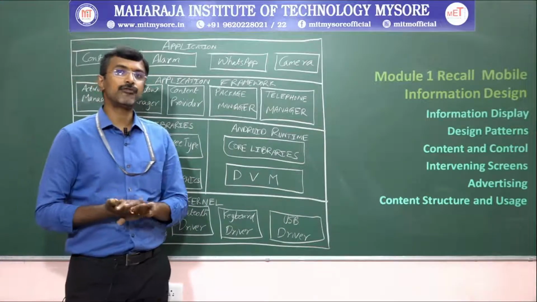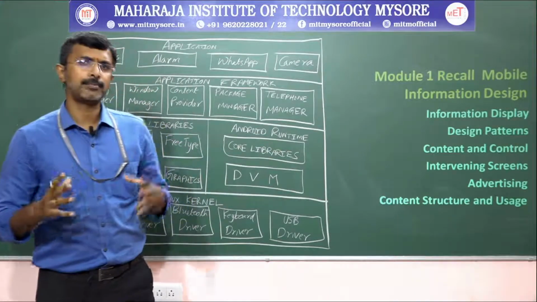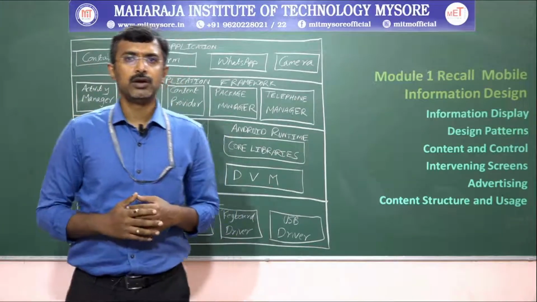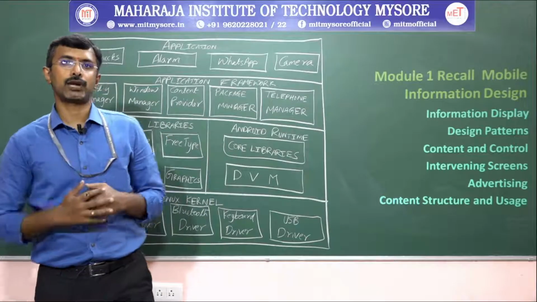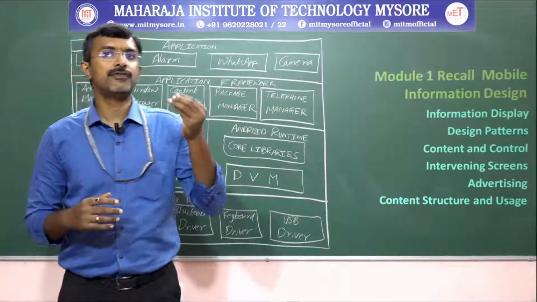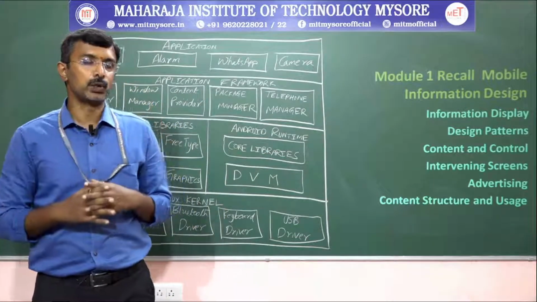Then we looked into information with respect to the design part of it. What do you mean by information? Information is a purified form of raw data; the processed data we call information. How do we exactly convey our information to the user? This is what we tried to do.